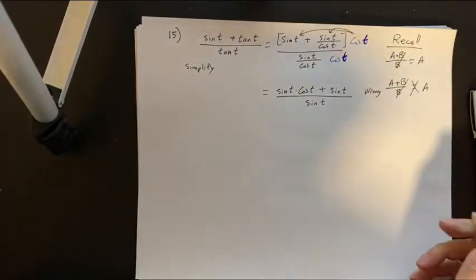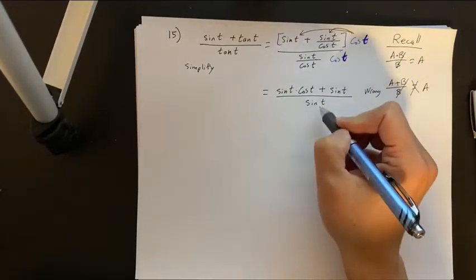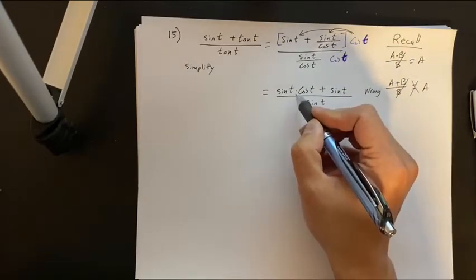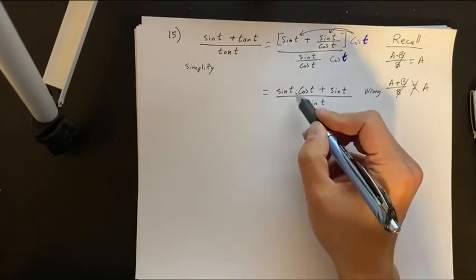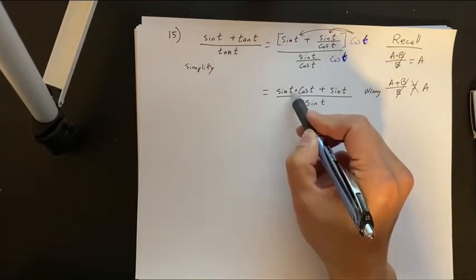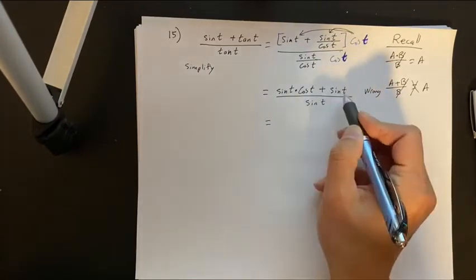And again, you can't do this, you can't do that. The only way to cancel out a factor on top and bottom is if it's a factor of the whole thing. So this sine t right now is just a factor of cosine t. It is not a factor of the whole thing, but it turns out it is.